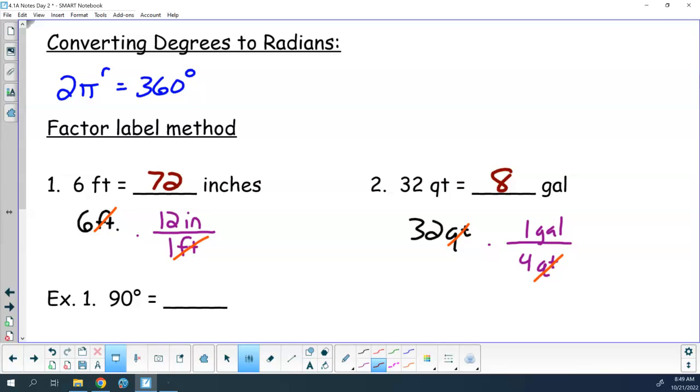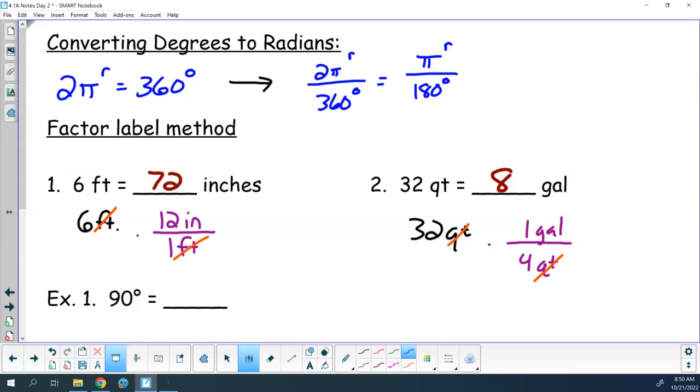Right? So how we do that in terms of angles and radians and degrees is the conversion depends on what you want on top. If we've got 2 pi radians over 360 degrees, that would be the same as pi radians over 180 degrees.